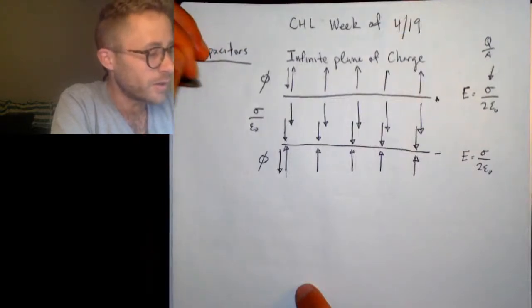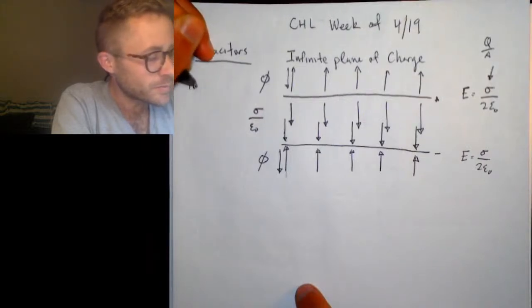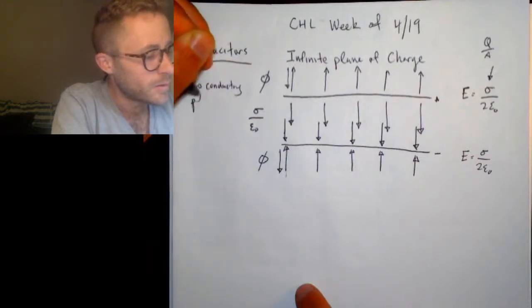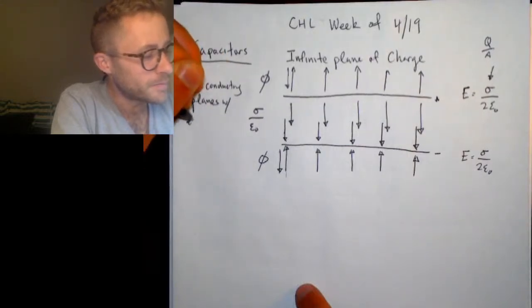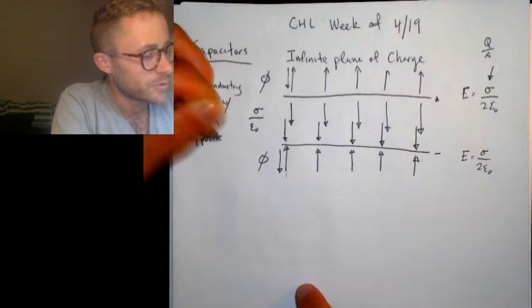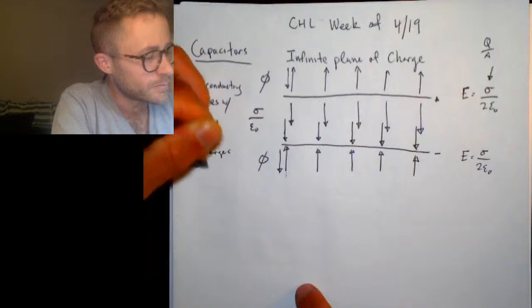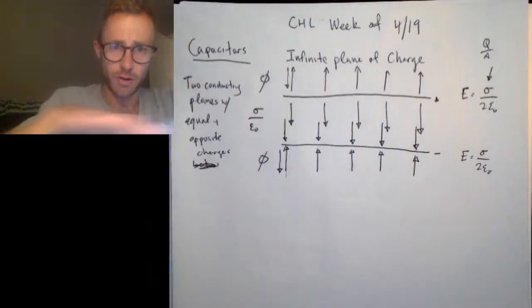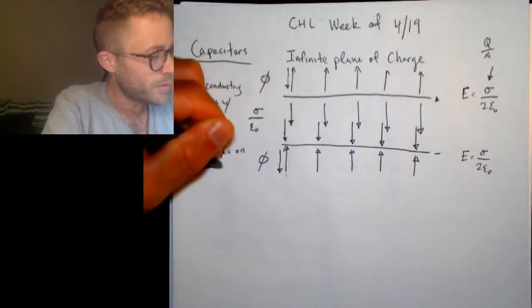It is two conducting planes with equal and opposite charges on each plate. They're usually called plates in the context of capacitors.